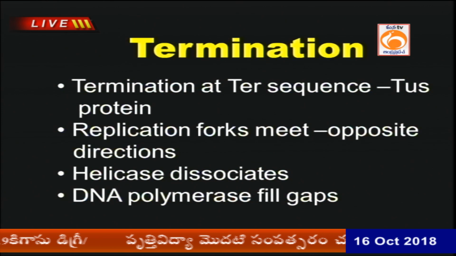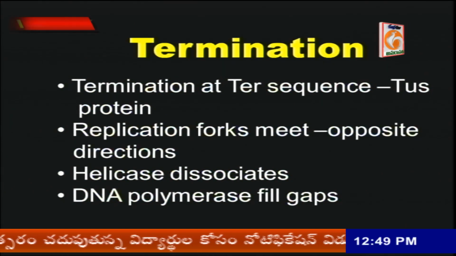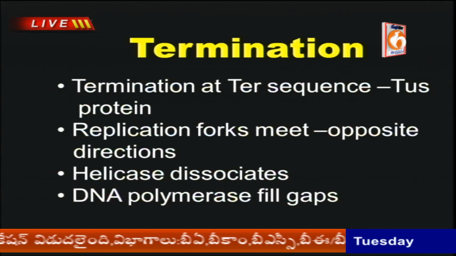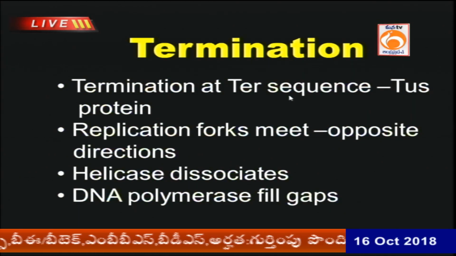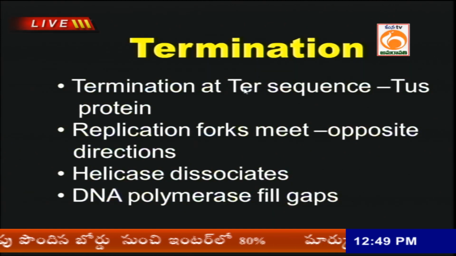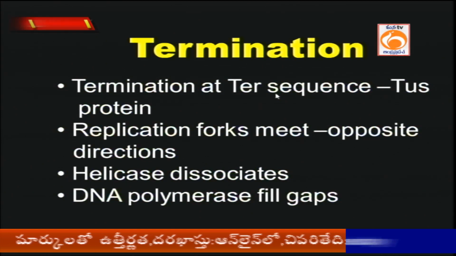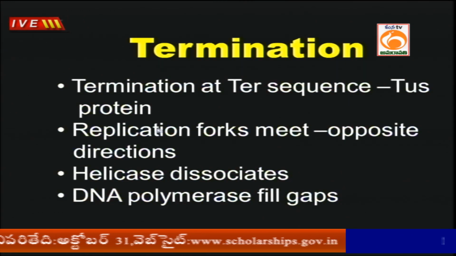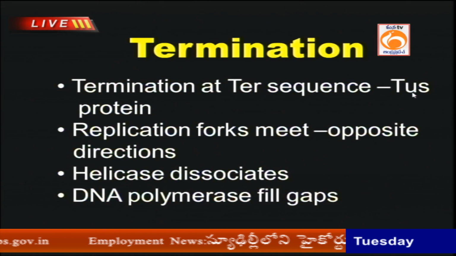The replication forks will have to terminate and stop DNA synthesis at a specific point. This is done at a particular sequence called termination sequence sites, just on the opposite side of the origin of replication. This termination sequence is recognized by a protein called TUS protein, terminus utilization substance protein.